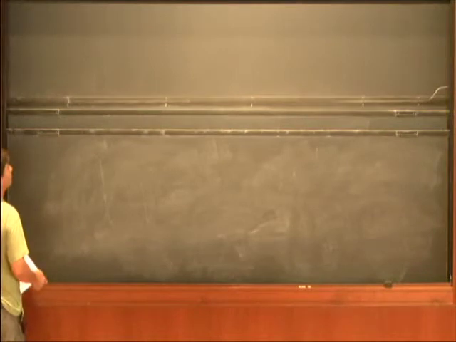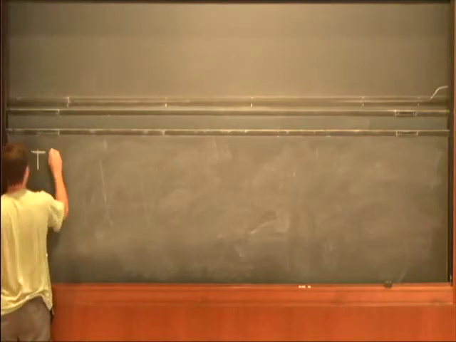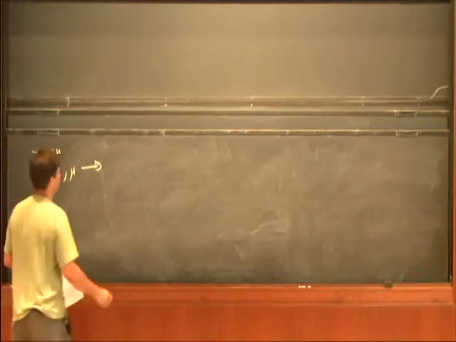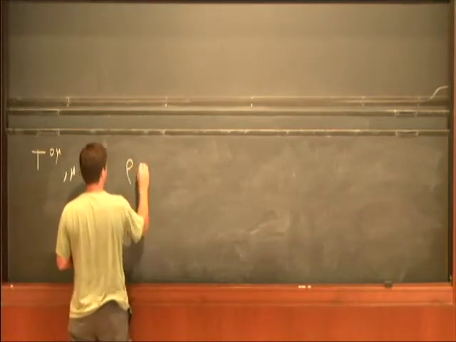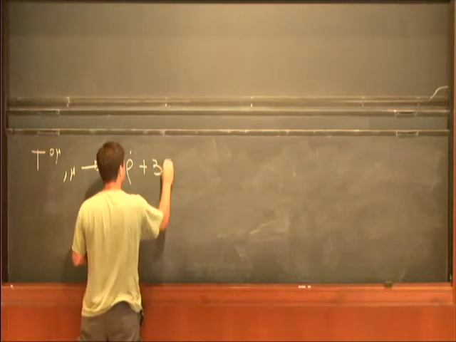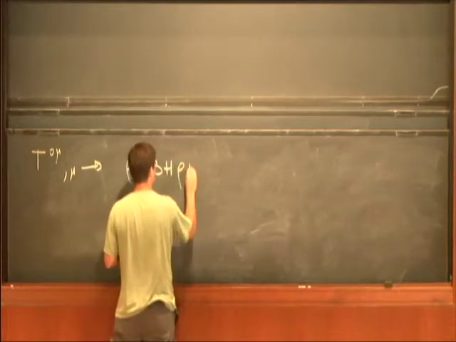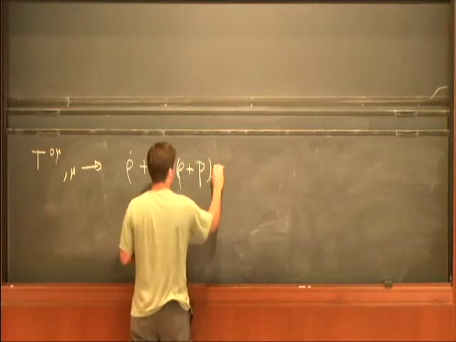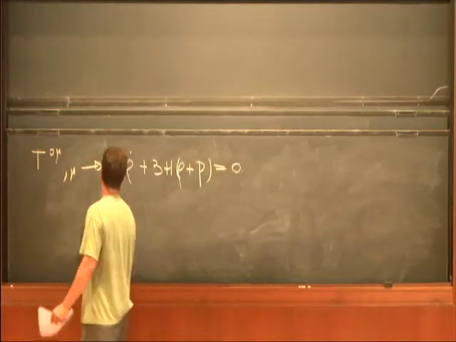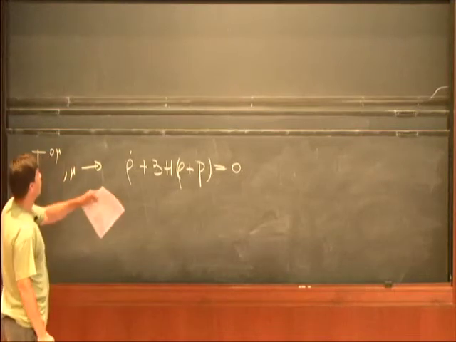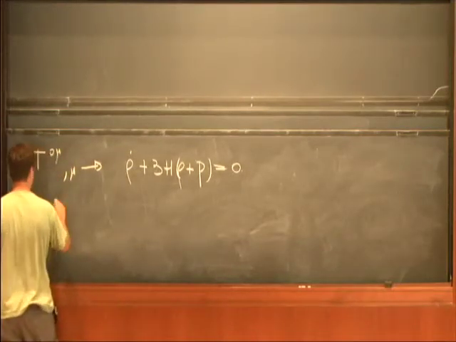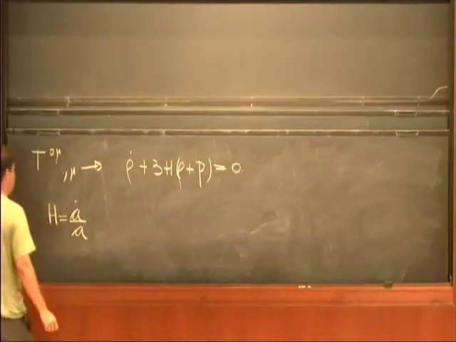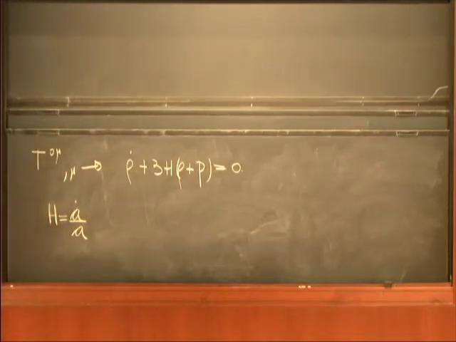Okay, so if you just use energy conservation for this in the FRW background, you discover this. Here H is the Hubble parameter, the time derivative of the scale factor a(t), a-dot over a.